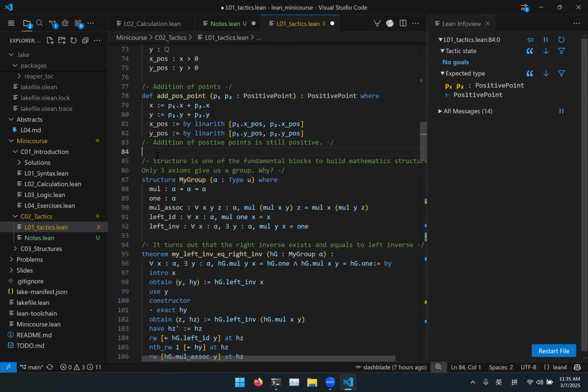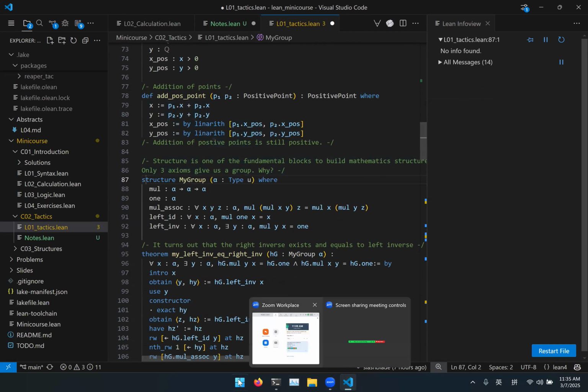After this, I have said that you can define mathematical structures out of this structure definition. So let's try a most basic one, which is the group structure. In case some people are not familiar with a group, I will demonstrate what a group is.